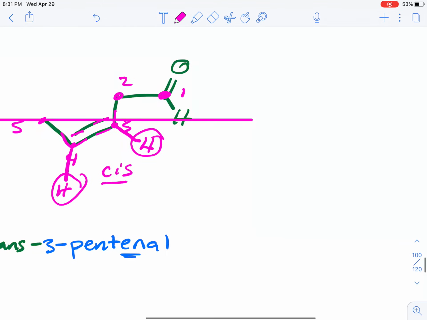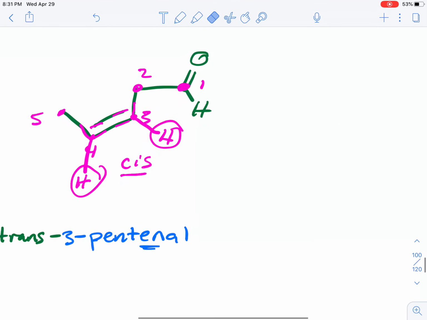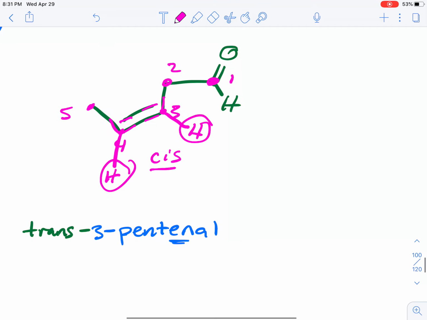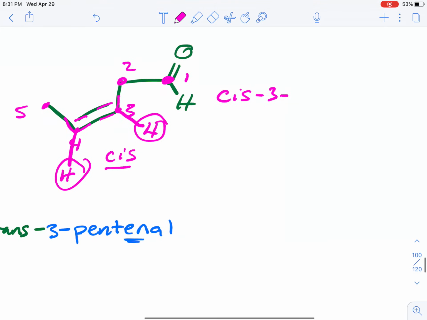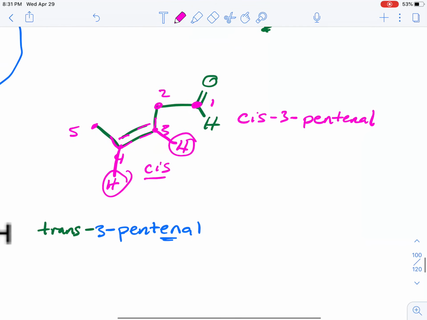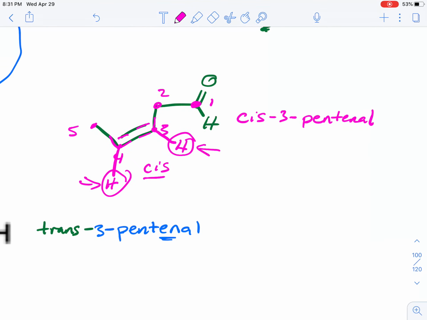And so the name for this organic compound would not be trans-3-pentanal, it would be cis-3-pentanal. And so once again, the main idea is that these hydrogens have to be present on both of the carbons that share that double bond.